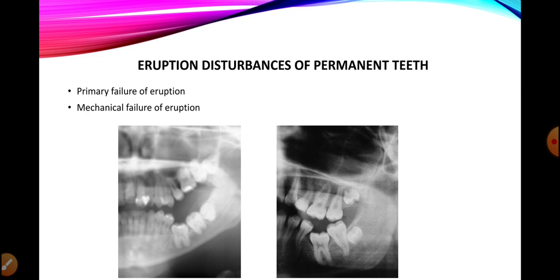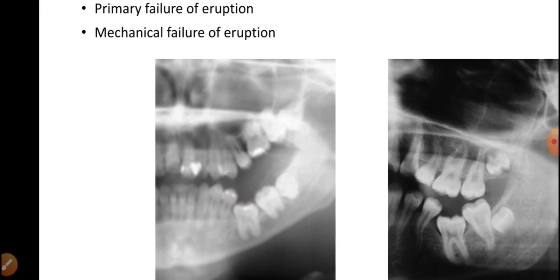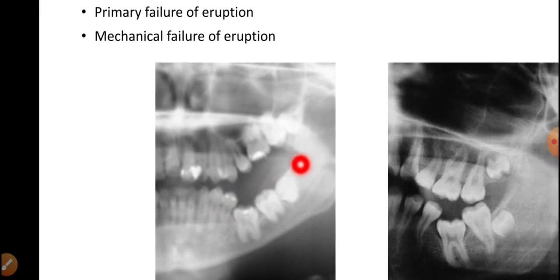As we have discussed earlier, primary failure of eruption is genetic in origin. The parathyroid hormone receptor 1 gene is involved. All the teeth that are distal to the first involved tooth will be involved. Therefore, if this first molar has not erupted, all the other molars will not erupt. That will lead to a posterior open bite.